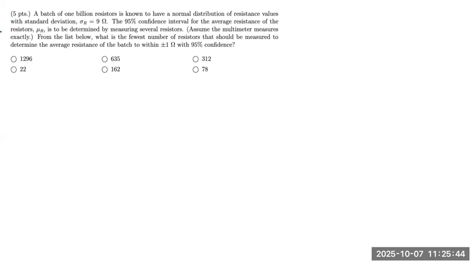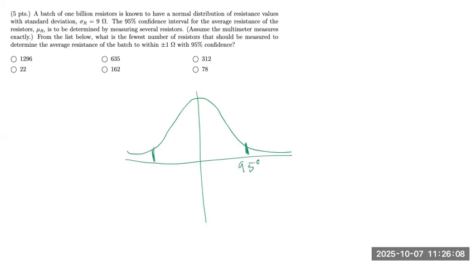It's also called a Gaussian distribution. It means that their values are relatively evenly distributed, and the 95% confidence interval is usually over here, and it assumes that the multimeter measures exactly.